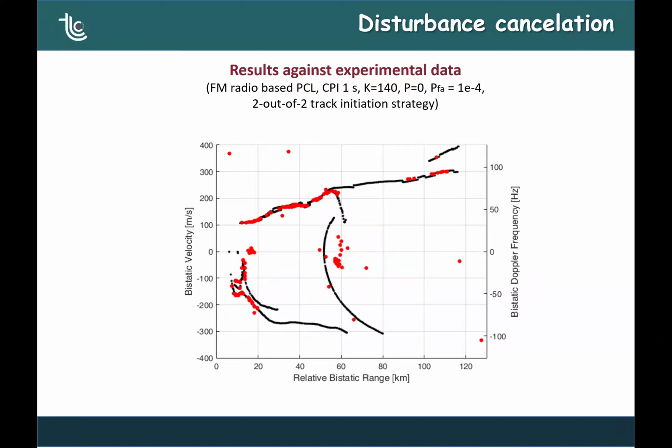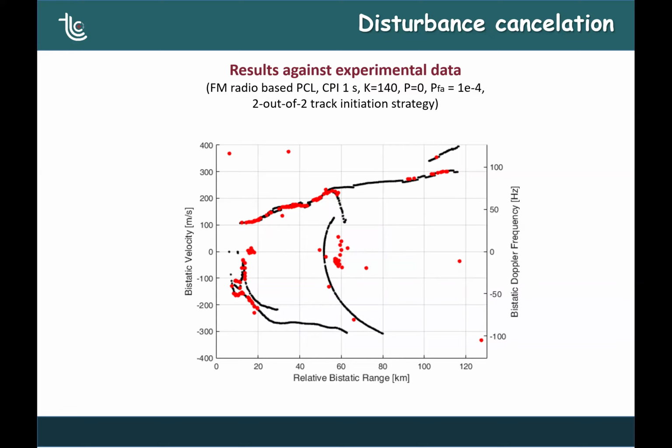You see in red the detections, and in black the ground truth, so the tracks of the real targets.